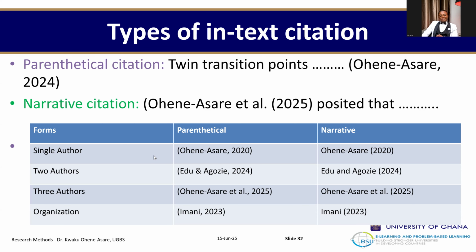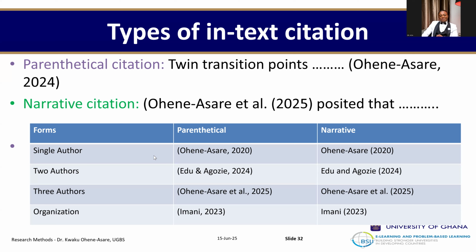But you can say that the distinction between corporate social responsibility and banking efficiency has been studied by Ohene Asare. That means it's still coming at the end, but then the bracket is still covering only the year. So the narrative can come at the beginning or at the end. You can say that the boy killed the cat. The boy, then you cite the year. Or Kofi 2025 killed the cat.